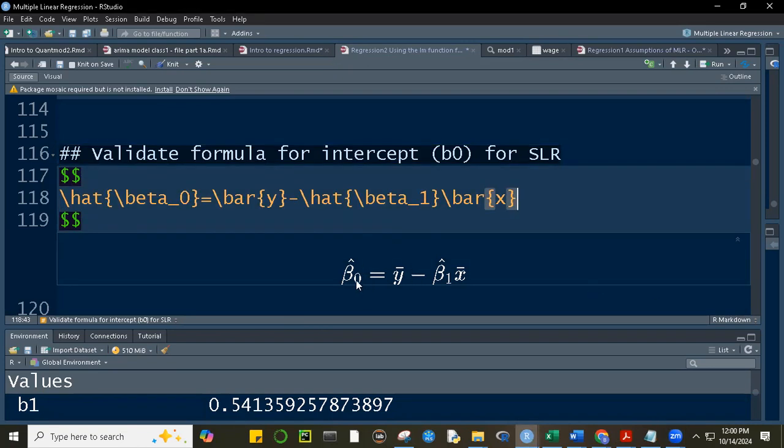intercept, class. So after we solve for the slope, we can solve for the intercept. And it's just equal to the mean ng dependent variable natin minus the slope times the mean of the independent variable.